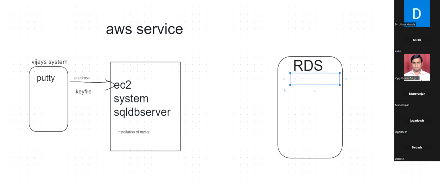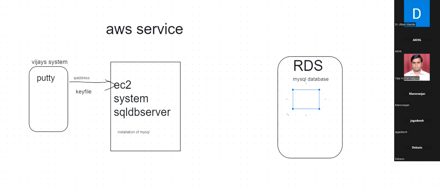For this MySQL database, he has a username, password, and an endpoint, which is like an IP address, the address of the particular database. This database has these details, using which anyone can connect, right?